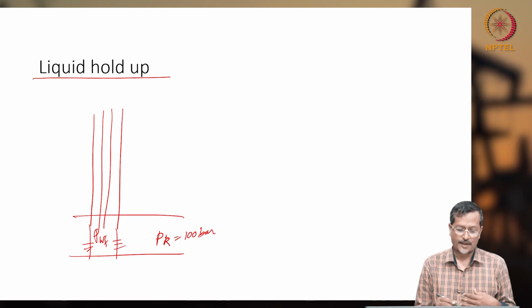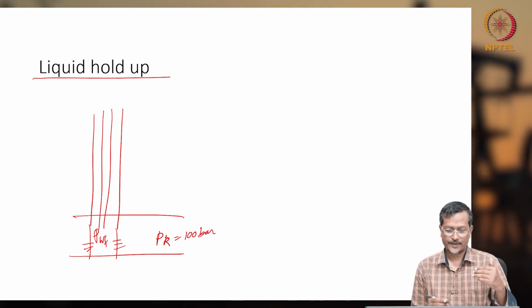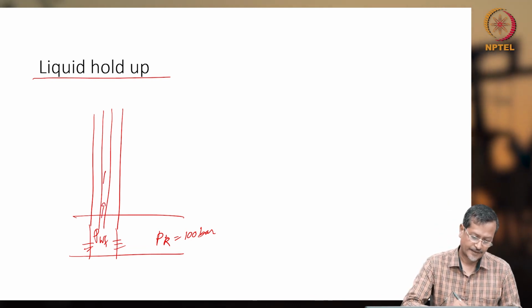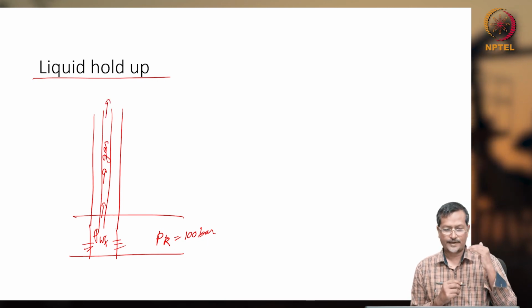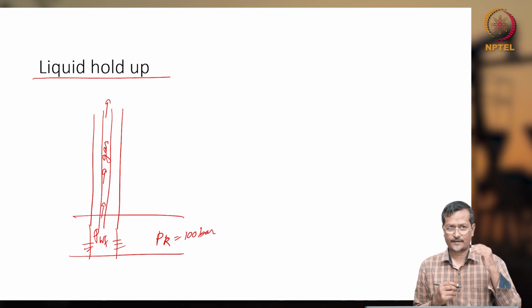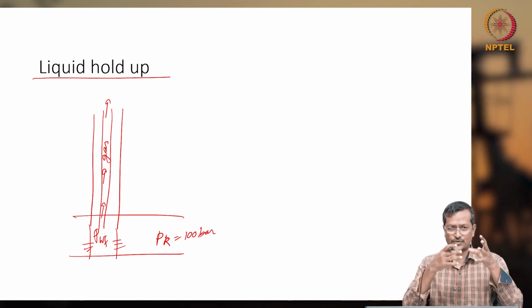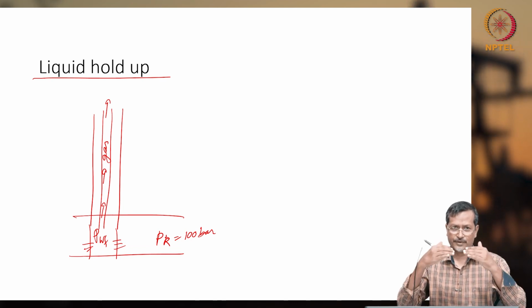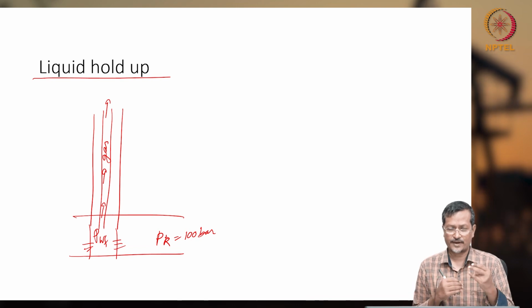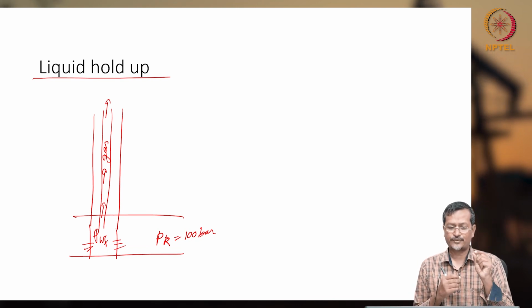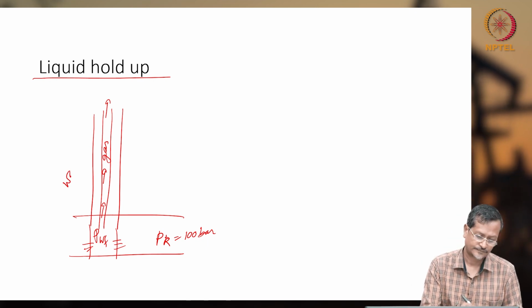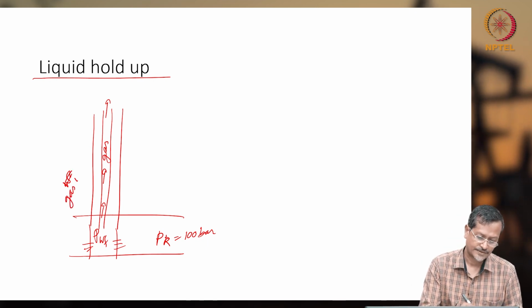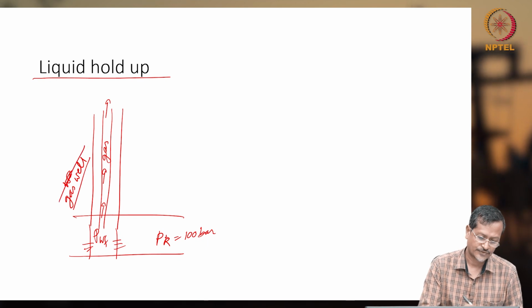At 100 bar, you are getting gas moving up. Now, if your gas velocity goes down because reservoir pressure reduces from 100 bar to 50 bar, what will happen? Initially you created mist flow, so whatever liquid was coming, this is a gas well.